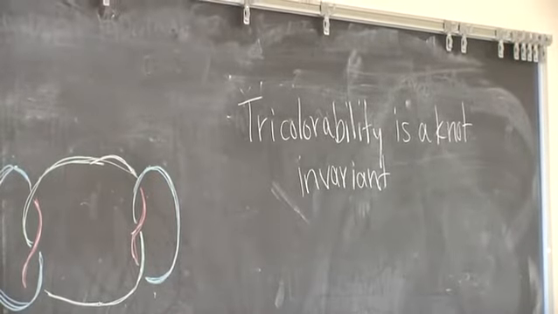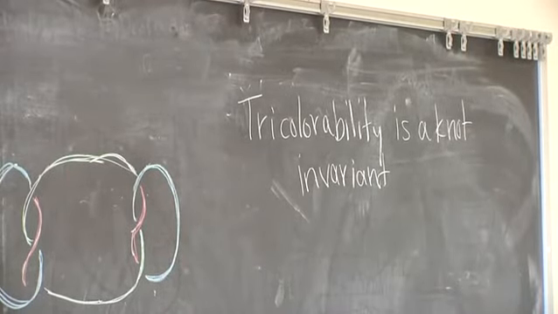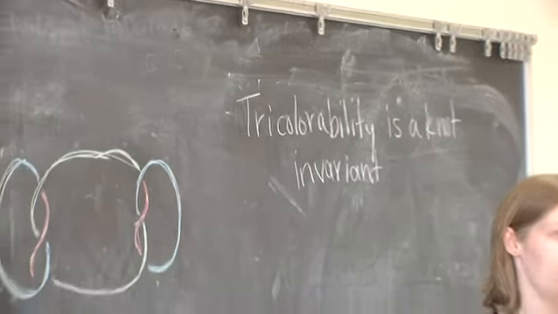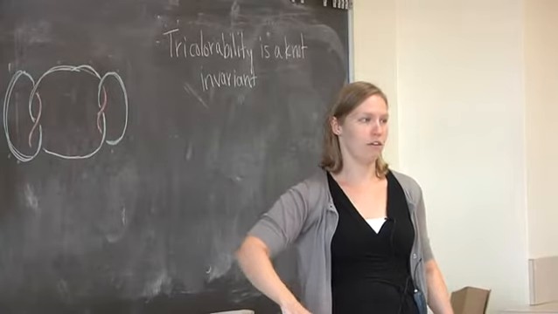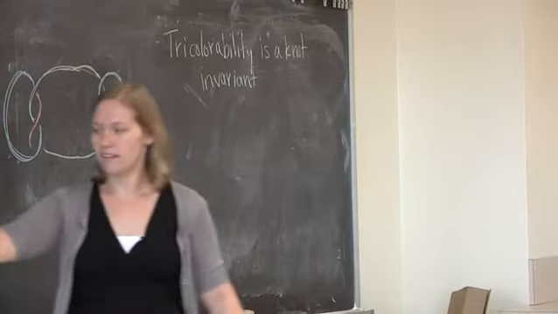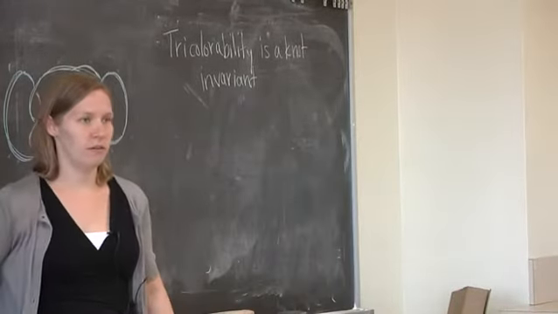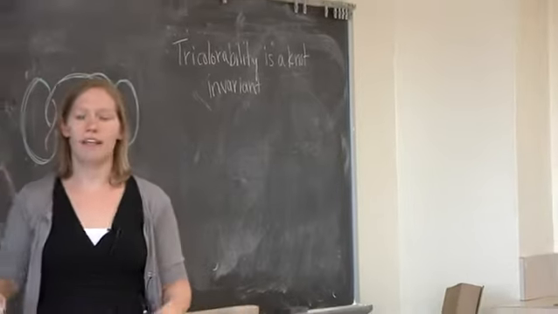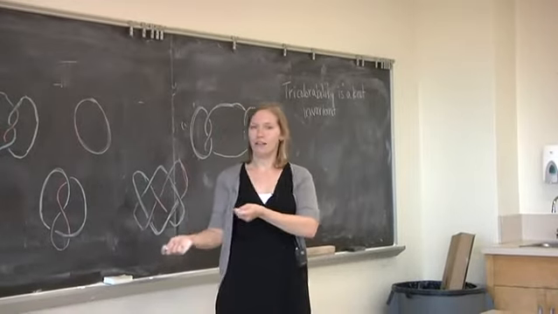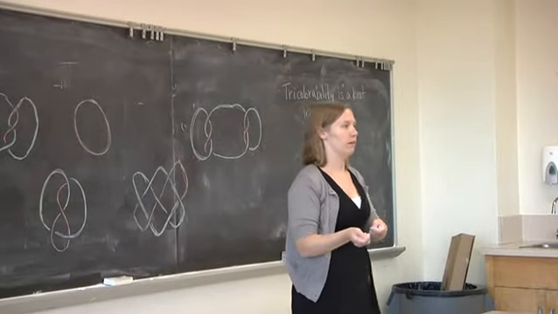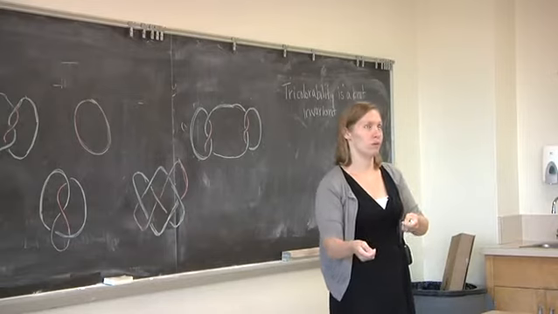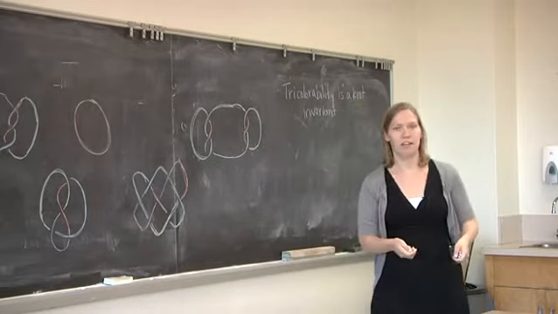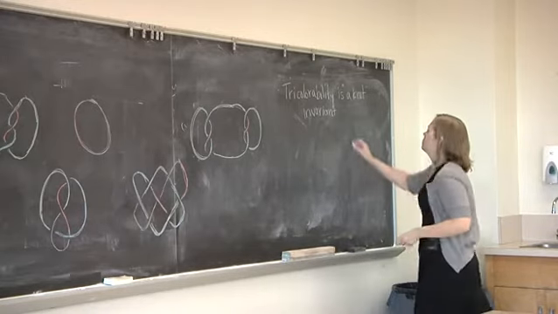So what I mean by that is if I have this knot and I do any sequence of Reidemeister moves to it, it's still going to be 3 colorable. And if I have this knot and I do any sequence of Reidemeister moves to it, it's never going to become 3 colorable. So I can't do Reidemeister moves and make it not 3 colorable or 3 colorable if it was already 3 colorable or not 3 colorable. You may have to write that sentence down to figure out what it meant. So if you're bored, try that.